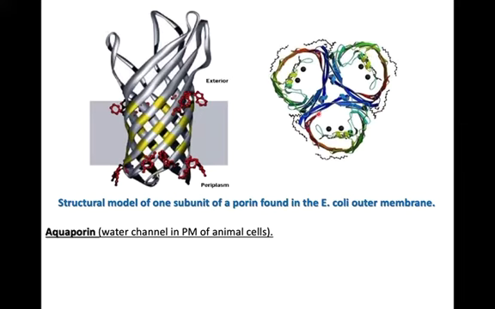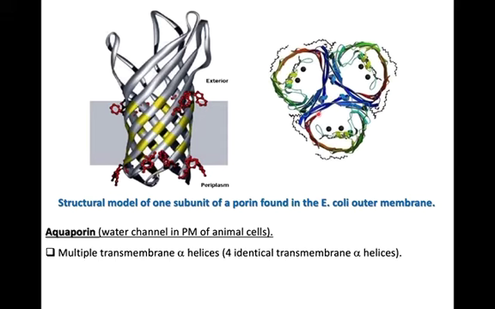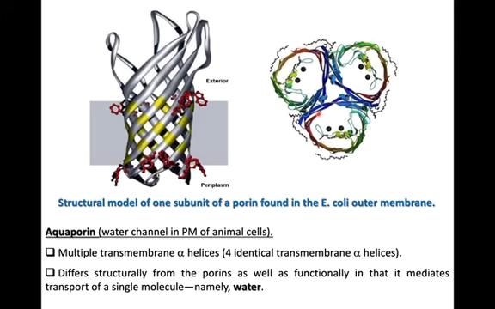So what about aquaporin? Aquaporin works on the same principle, but as the name implies, it's purely responsible for the movement of water molecules. It is a water channel in the plasma membrane of animal cells. And this aquaporin is a multiple transmembrane alpha helix of 4 identical transmembrane helices. It differs structurally from the porins, okay?